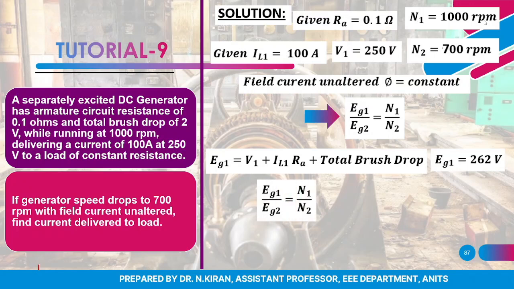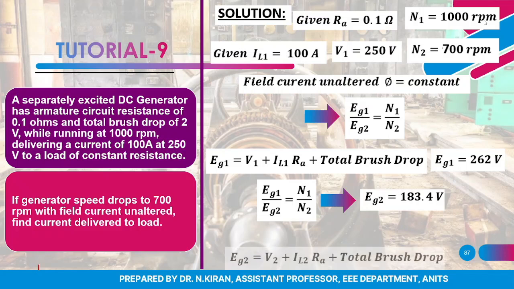Next, in the second case, EG2 we need to find. EG1 we have found, N1 and N2 we know. So from this relation, if I substitute the values, that will give me my EG2 value to be 183.4 volts.